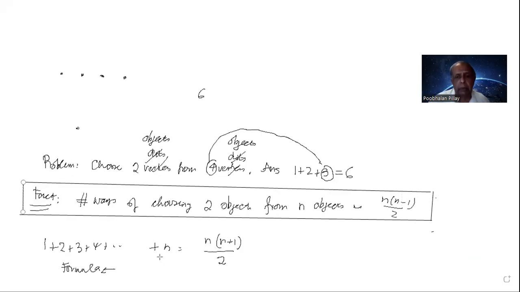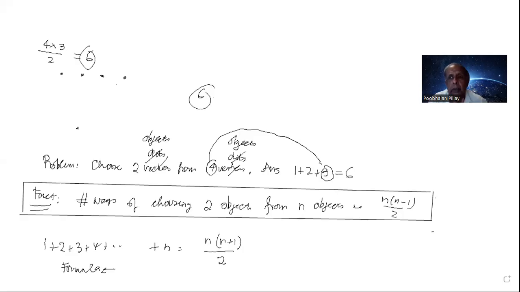Don't ever forget this. The number of ways of choosing two objects from n objects is n into n minus 1 over 2. So in the case of 4 objects, the number of ways of choosing 2 dots from 4 dots is 4 times 3 divided by 2, 12 over 2 is 6, as advertised.